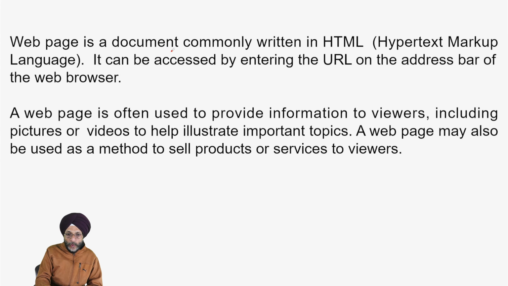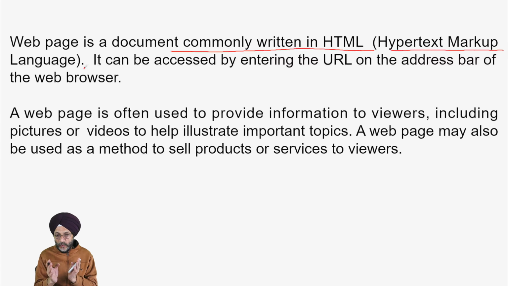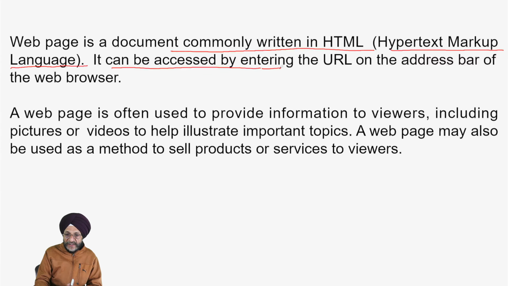A web page is a document commonly written in HTML. There may be a question in the exam, what is the full form of HTML? The answer is hypertext markup language. A web page can be accessed by entering the URL in the address bar of the web browser.